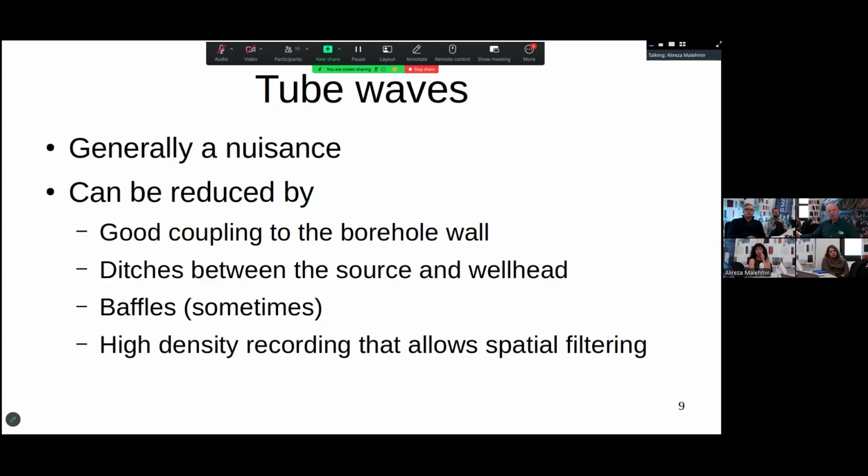We can use baffles. These are obstructions that we put in between our sensors in the borehole to attenuate the tube waves. Or we can do high density recording that will allow spatial filtering. And here's maybe where we can use DAS effectively since we do record at high density there.